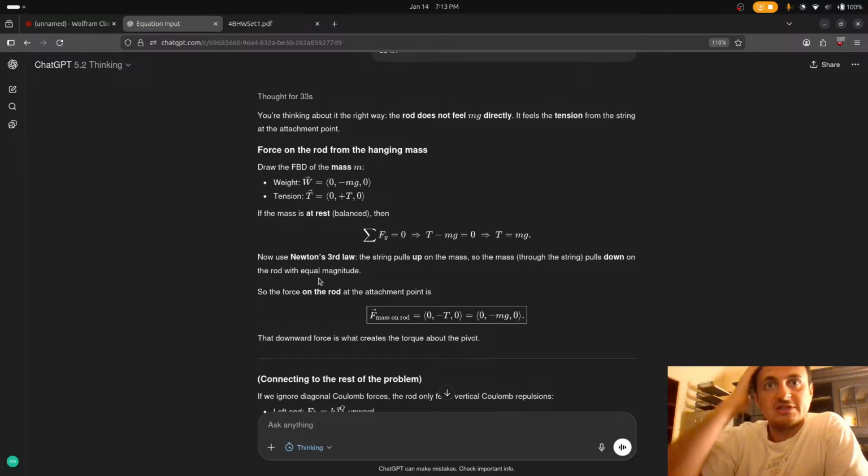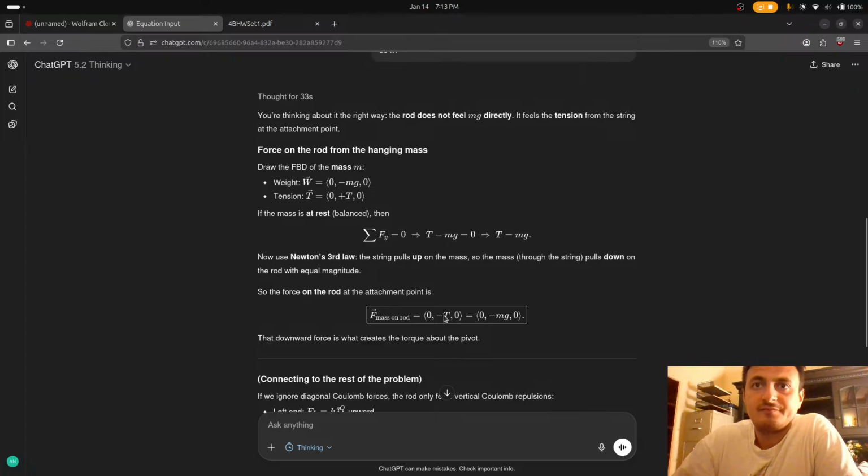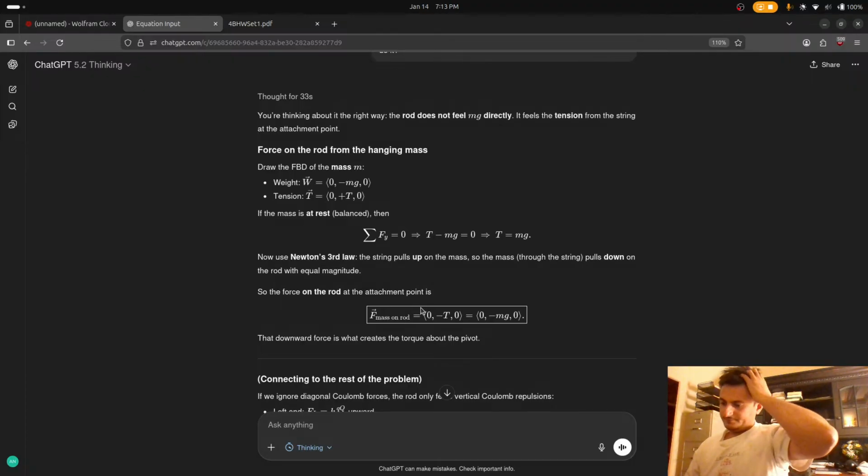So the force on the attachment point, so the rod feels minus tension.